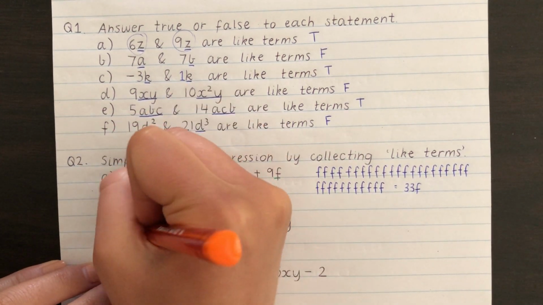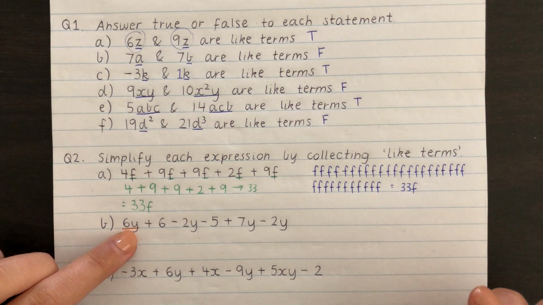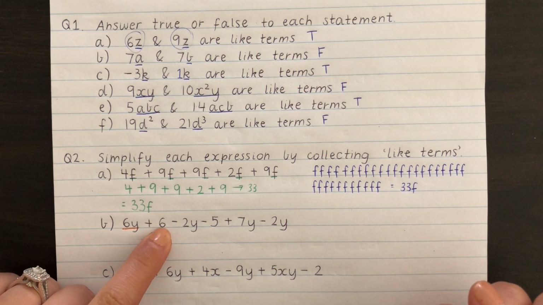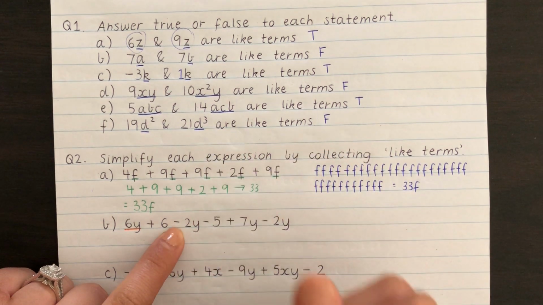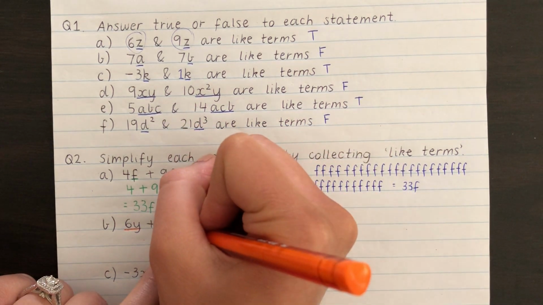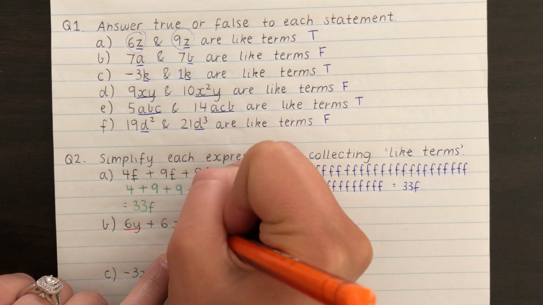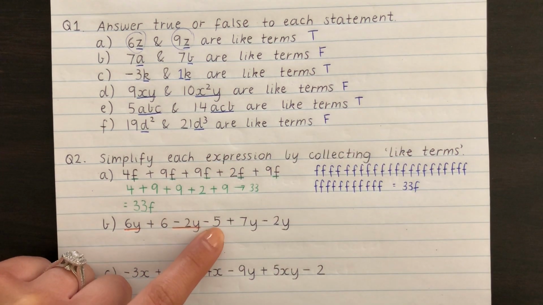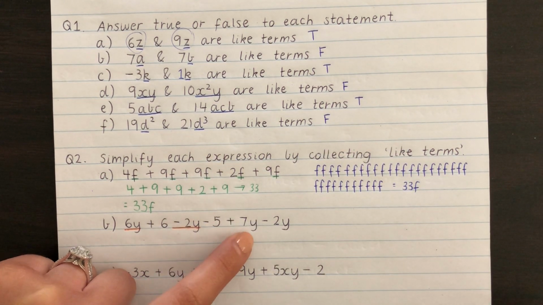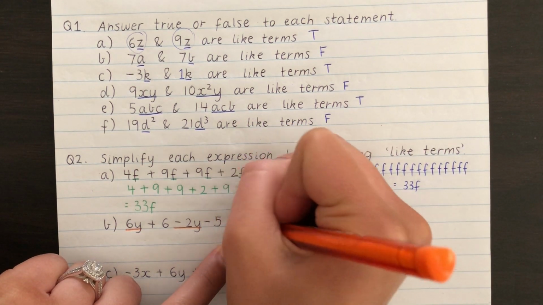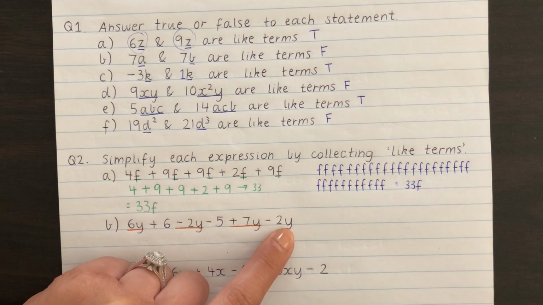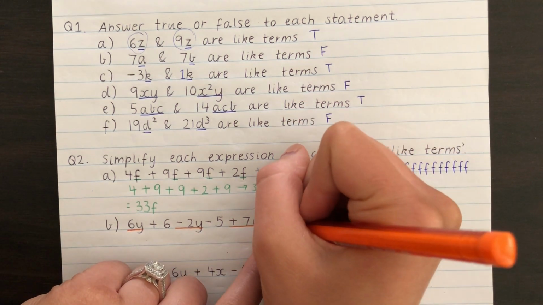So, the first one, this has no Y to it, so that's no good. This does. Take this sign with it too. This doesn't have a Y, so no. This does have a Y, so yes. And this also has a Y, so yes.